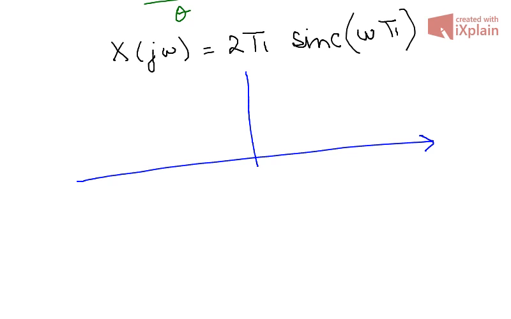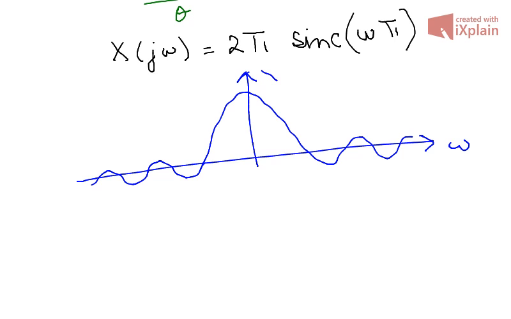If you draw it, you can see your sinc function looks like this, right? We have to see that our X of j omega is actually the sinc function, and the expression is given in this way: 2 t1 sinc of omega t1.